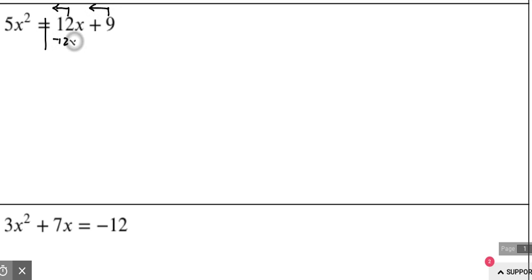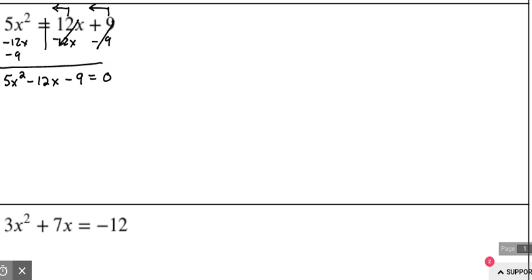I'm going to subtract 12x on both sides, and subtract 9 on both sides. That leaves me with 0 on the right, and I need to put this in the correct order. Remember, it goes x squared part first, then our x, then our constant, equals 0.